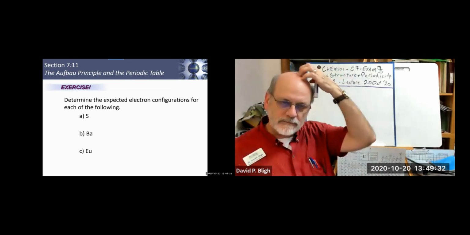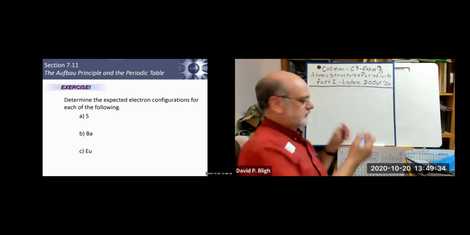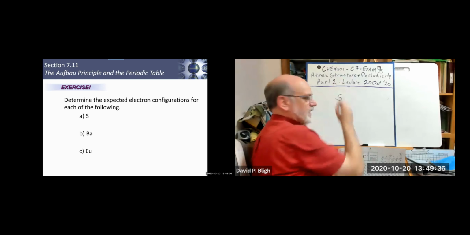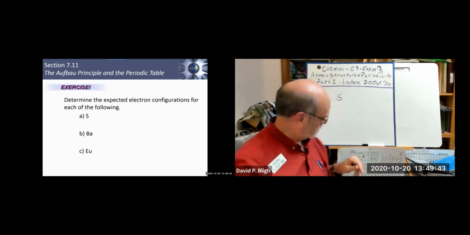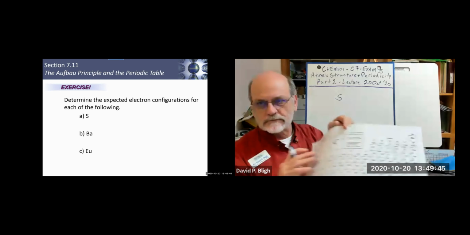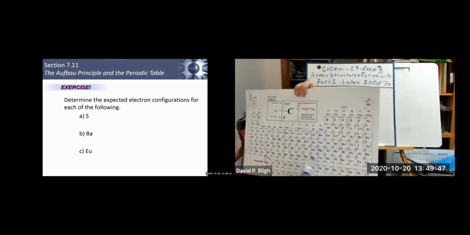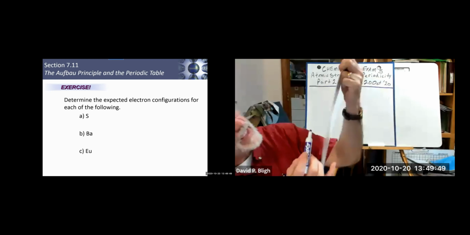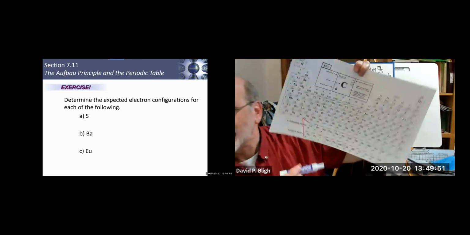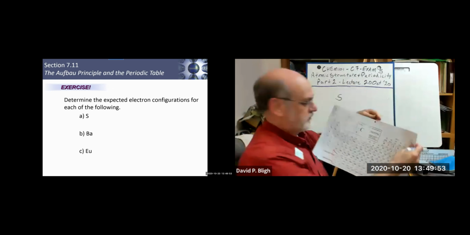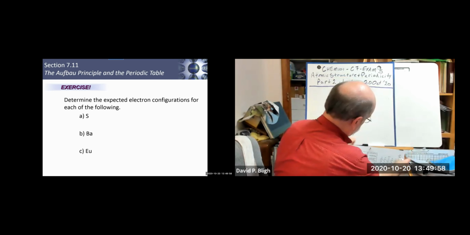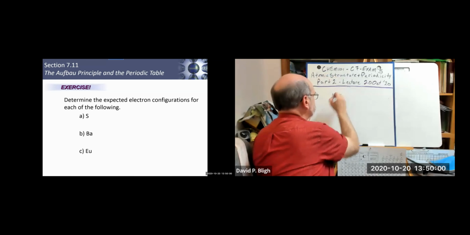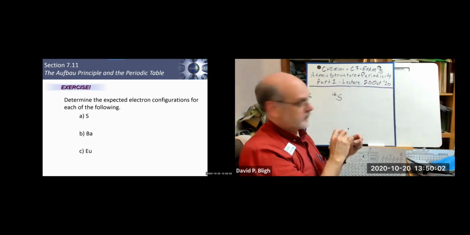So let's take sulfur. How many electrons are in the neutral sulfur atom? We look at your periodic table, right? Find sulfur, it's underneath oxygen. It has 16 protons. So we need 16 electrons.